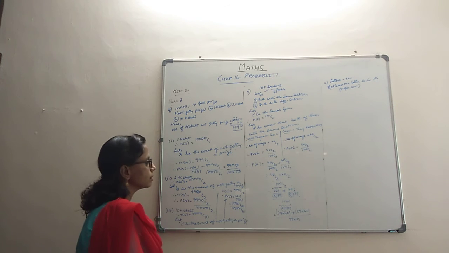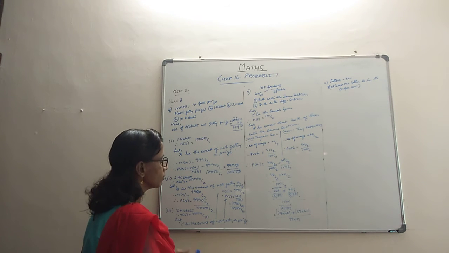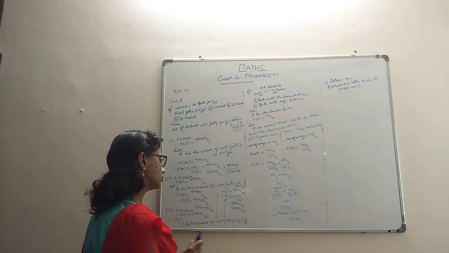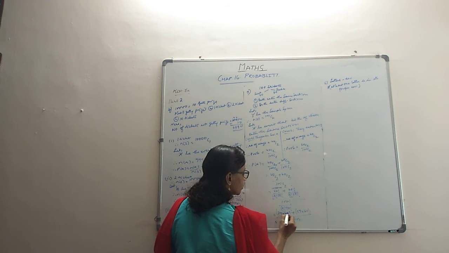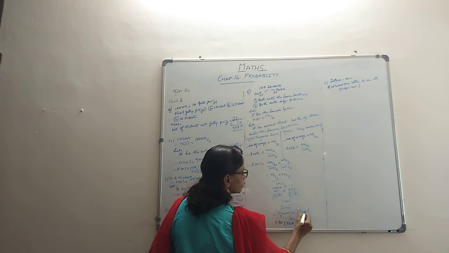Okay, then the remaining things, what we will do, I think we can take a 30 out if you want, 3 from here and 10 from here. If we take a 30 out, then what is remaining? 13 into 4, 52 is remaining here. And here if you take a 30 out, then 2 is remaining.